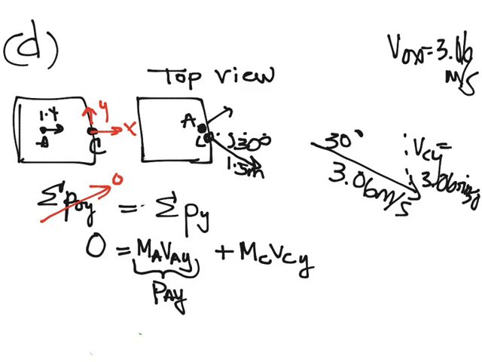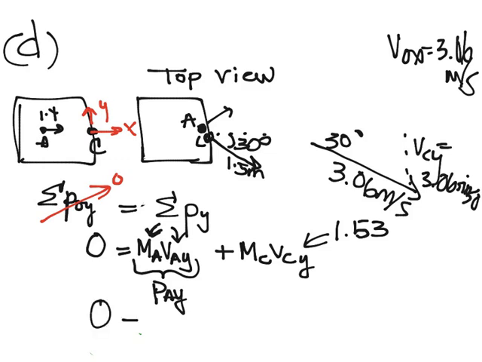So this is about 1.53. Now I can go ahead and plug in numbers, but I'm not going to plug in the mass of ball A or the velocity.